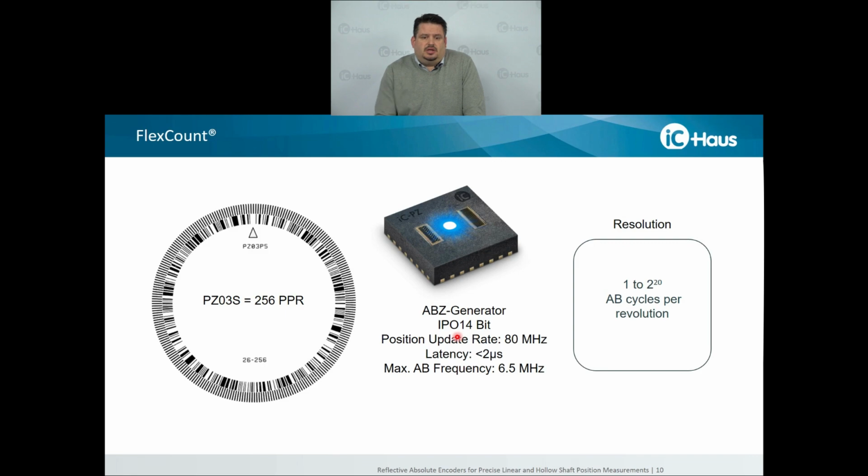With an internal position update rate of 80 megahertz, we have very fast and short latencies down to 2 microseconds from the optical change of reflection to the output signal voltage at the pads on the output. The maximum frequency of AB, for example, is up to 6.5 megahertz.